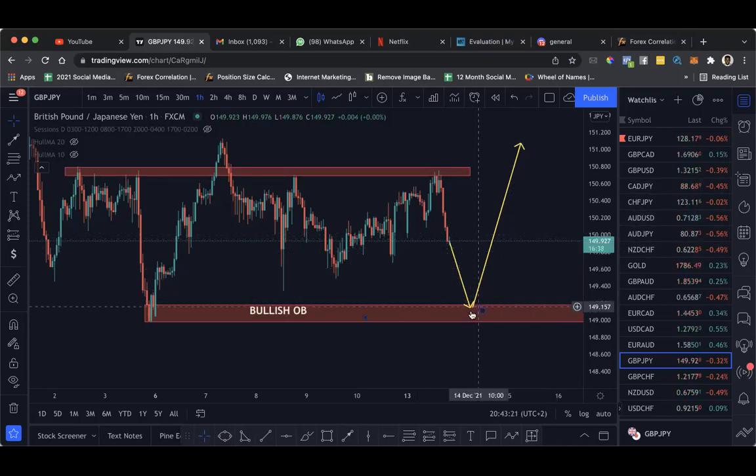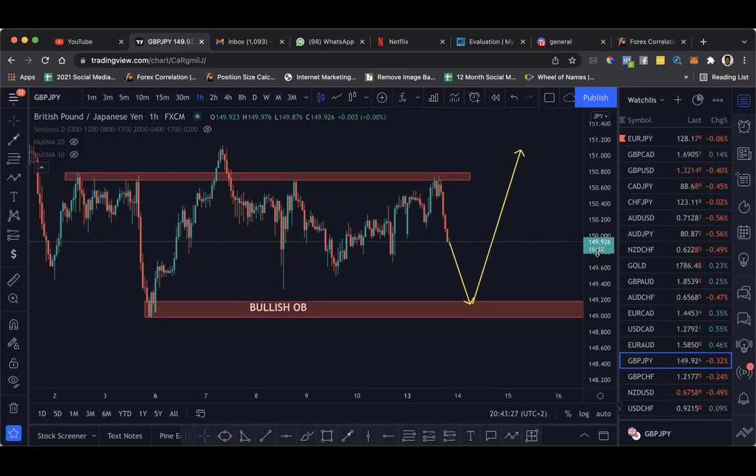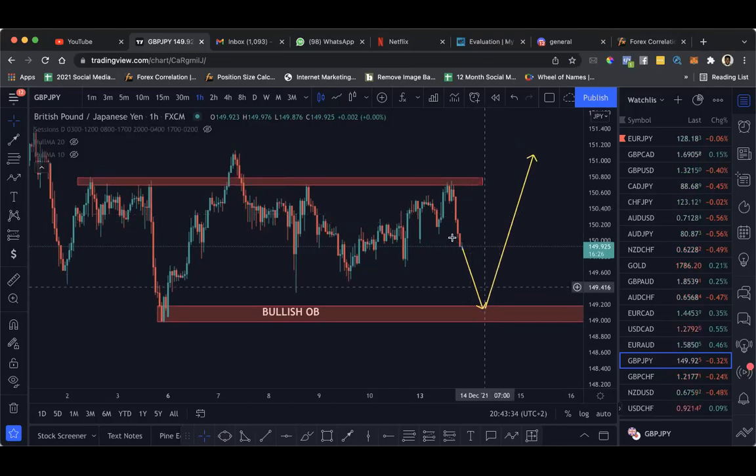Price should also be in a demand zone. When you see that, that is your confirmation that this is a very, very good setup. That will give you more confidence to enter. And then always enter in the session. Very, very important, guys.